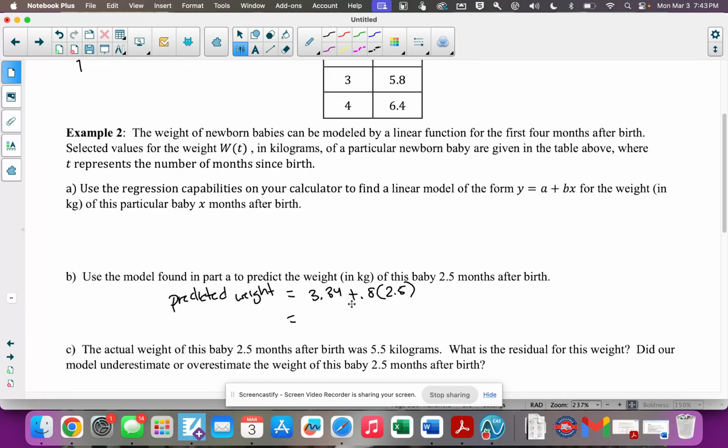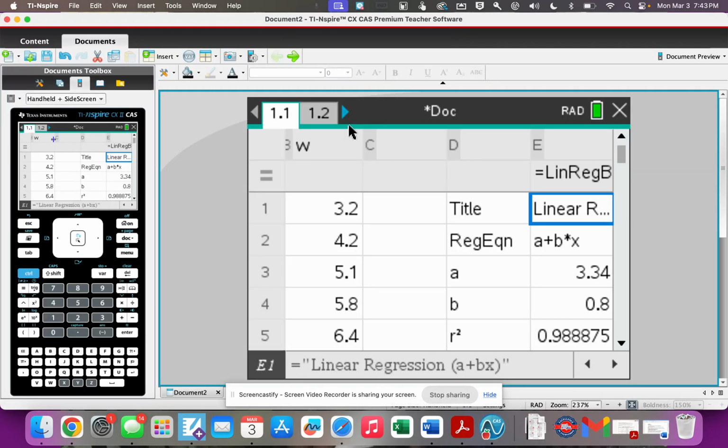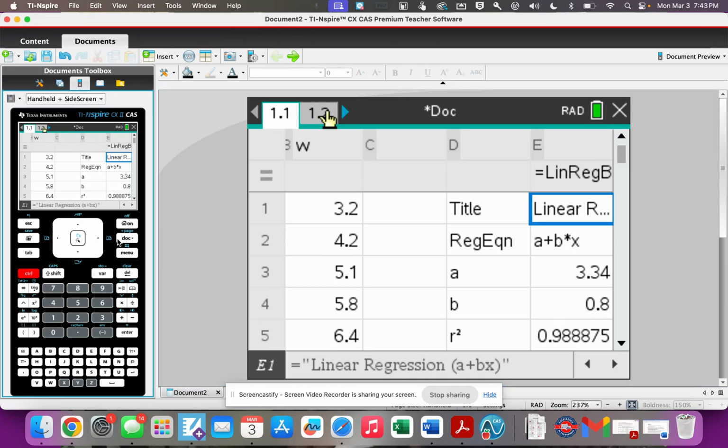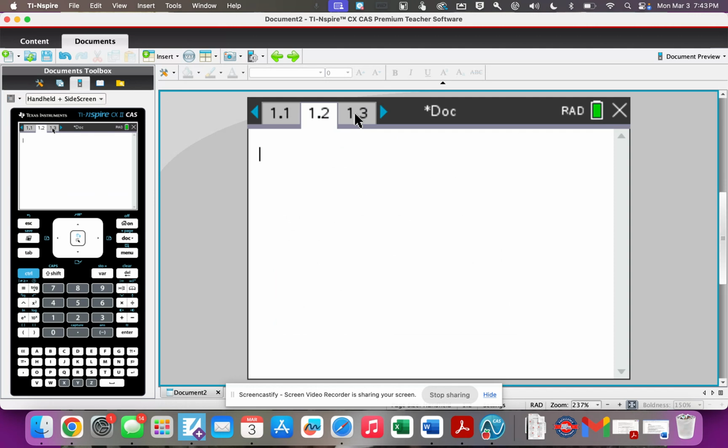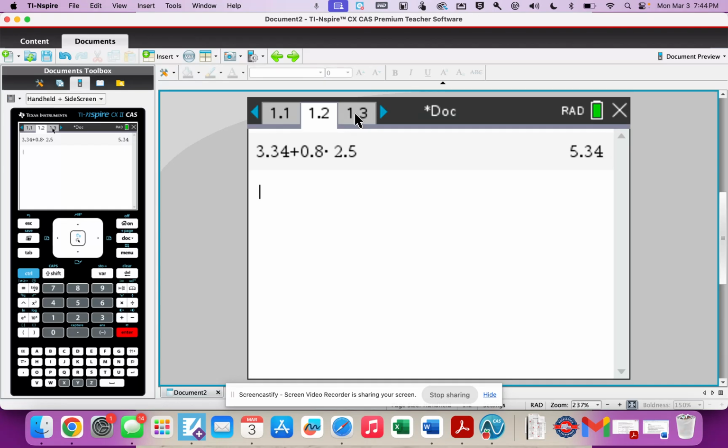So let's see. I'm going to go back to the calculator. Add a page. I need a calculator page. Okay, so 3.34 plus 0.8 times 2.5. Okay, 5.34 kilograms. That's basically what we're talking about as far as our answer.